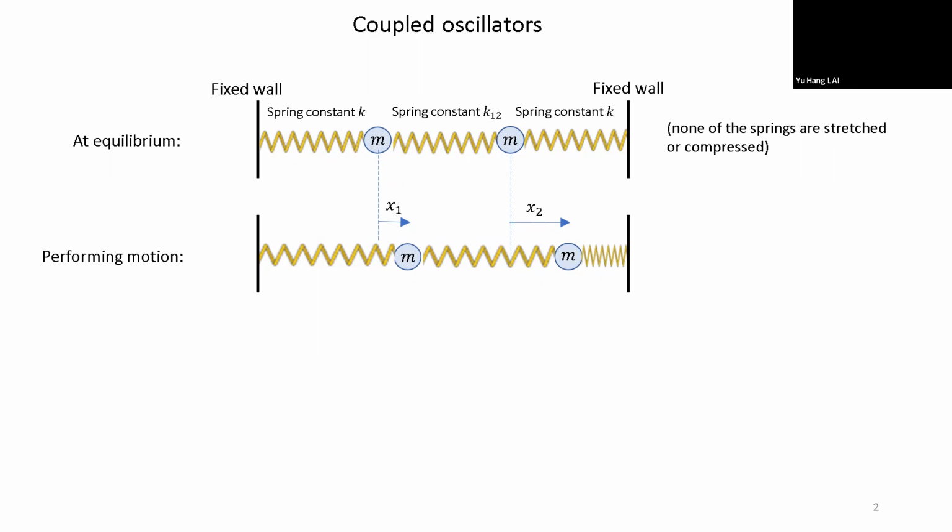I want to now set up the equation of motion. This is of course a more complicated problem than just one mass and one spring. Look at this first mass: it is under two forces. First, the spring on the left is trying to pull it back, with a force proportional to its own displacement x1.